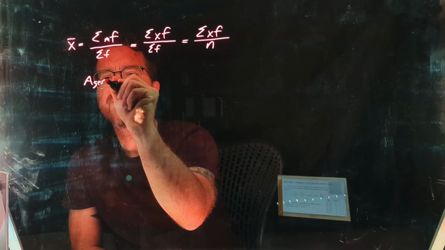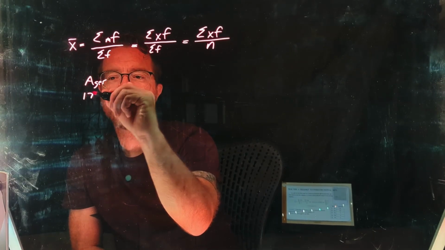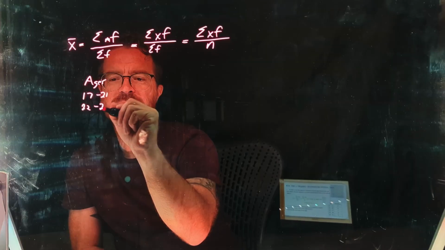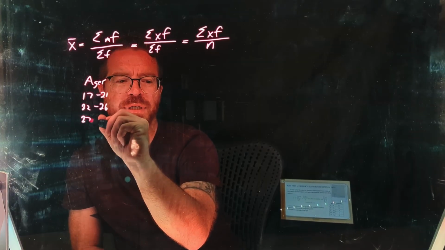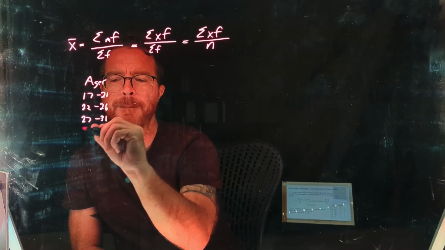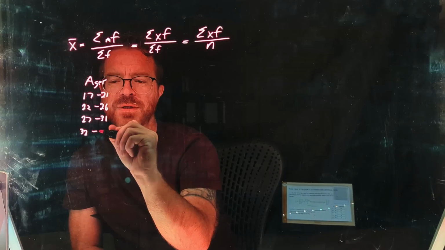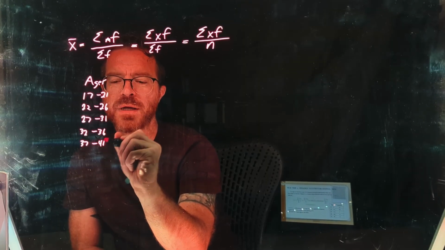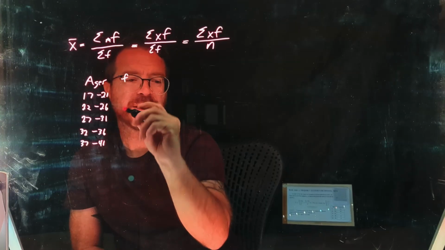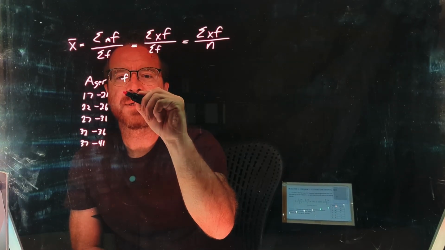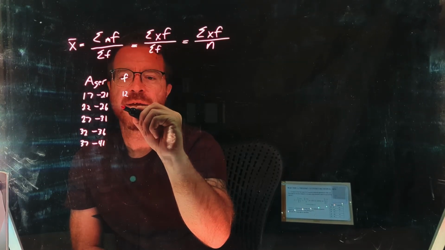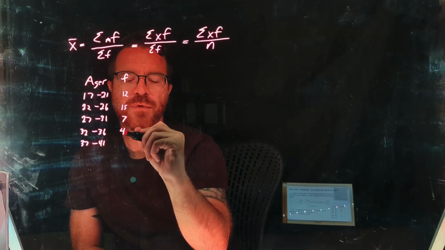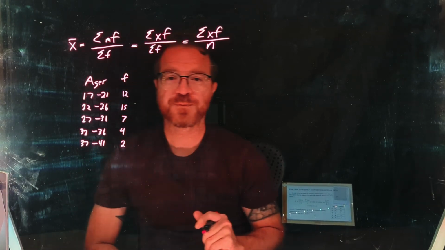We have ages of 17 to 21, 22 to 26, 27 to 31, 32 to 36, and 37 to 41. And then we have our frequencies, which are 12, 15, 7, 4, and 2.